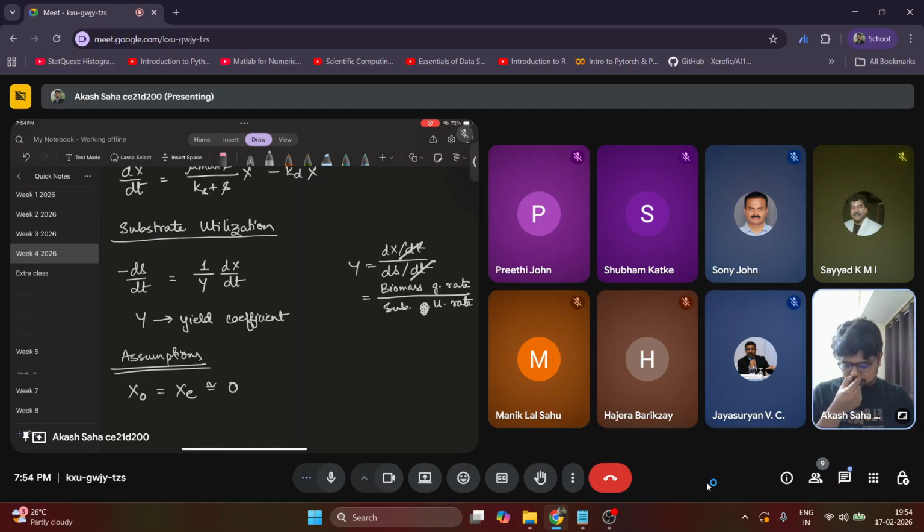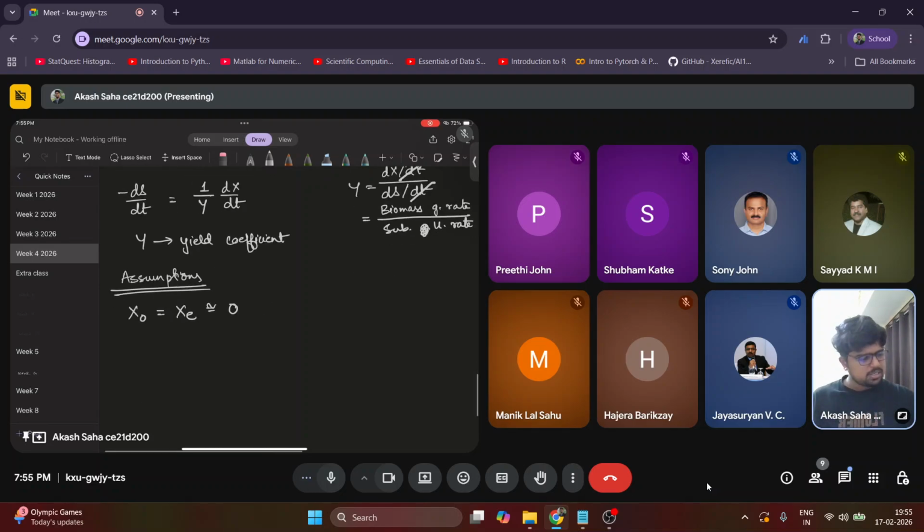So this is one of the assumptions. If you do some balancing here and there, you will get all the equations. One of the equations is for the volume.